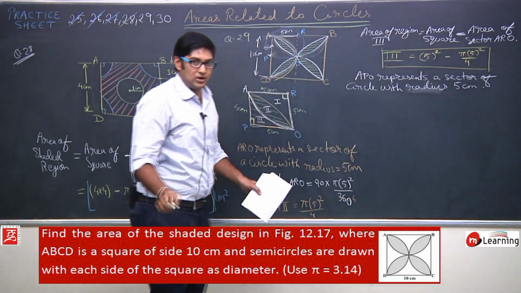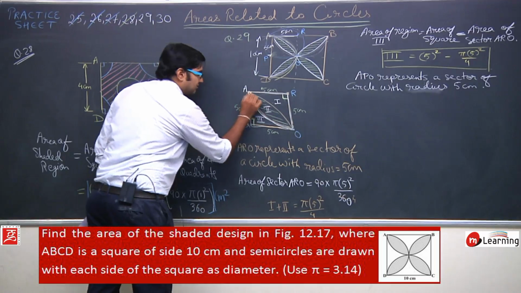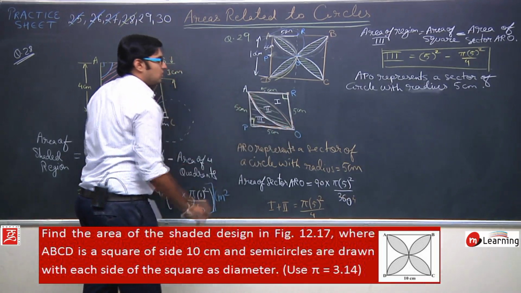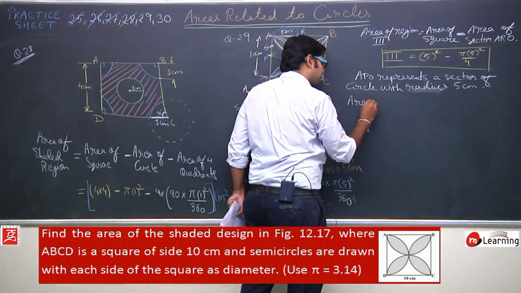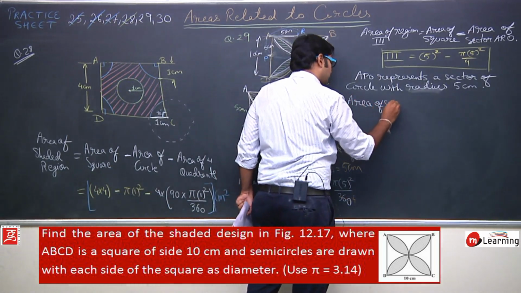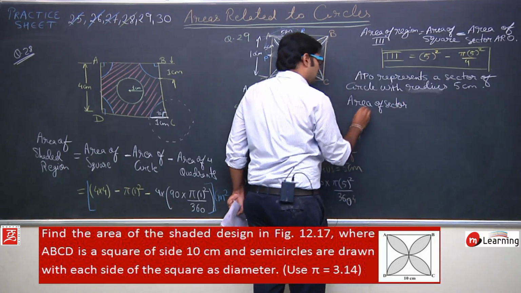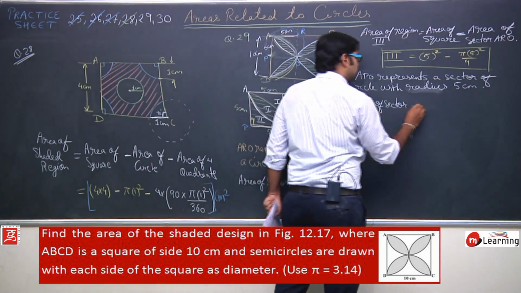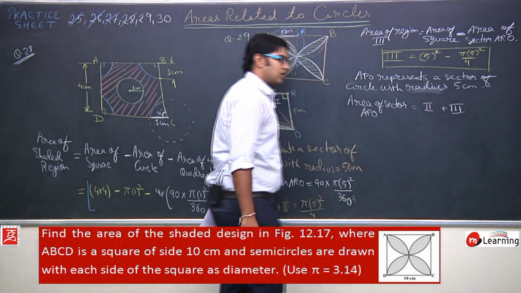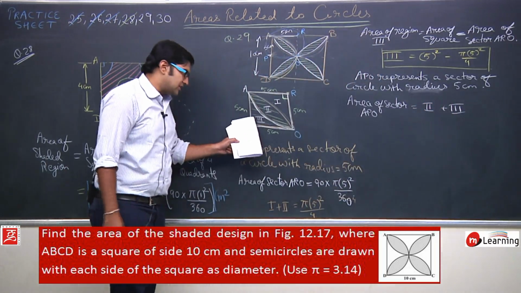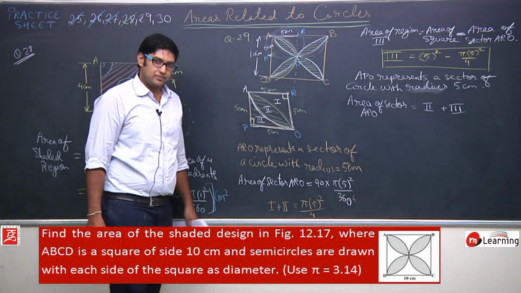Okay, APO represents this sector. Now what I can see is area of sector APO is equal to area of region 2 plus region 3. Okay, area of sector APO is equal to area of region 2 plus region 3.